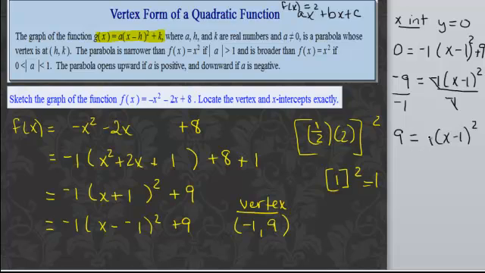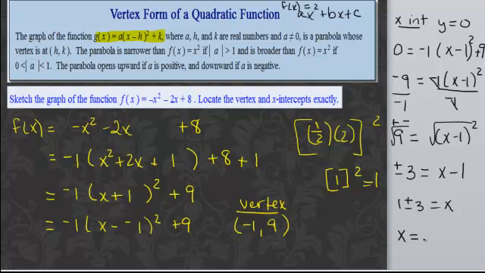Now we can get rid of the square by taking the square root of both sides. When you do that, don't forget plus or minus. So we have plus or minus 3 equals x plus 1. If you subtract 1 from both sides, you get negative 1 plus or minus 3 equals x. I'm going to switch that around.